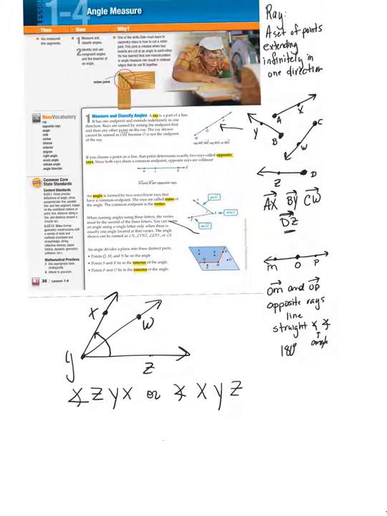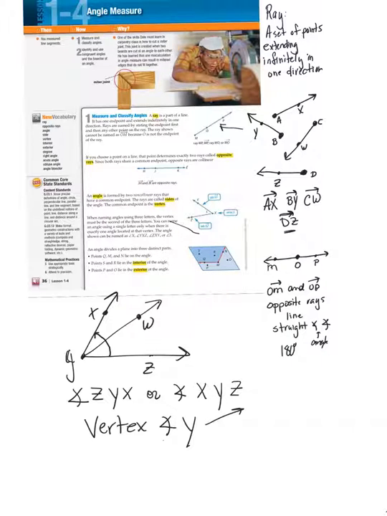Now, another way to name an angle is simply by its vertex. In some cases, I could just name this angle Y. But I don't suggest using the one letter in a drawing like we have here, because we have multiple angles at Y. So it wouldn't be a clear communication of which angle I'm talking about.